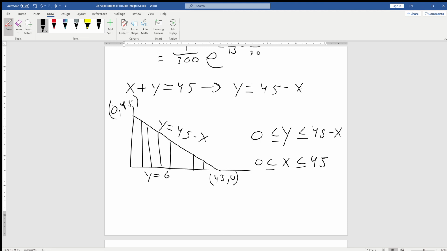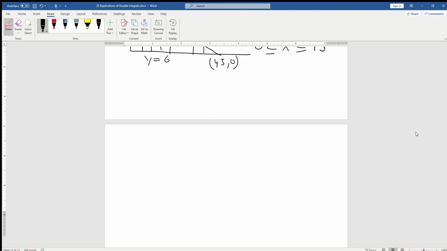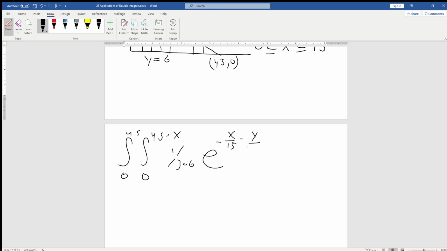Coupling all of this together, we're going to end up with a double integral: the integral from 0 to 45, and from 0 to 45 minus x, of our function 1 over 300 times e to the minus x over 15 minus y over 20.